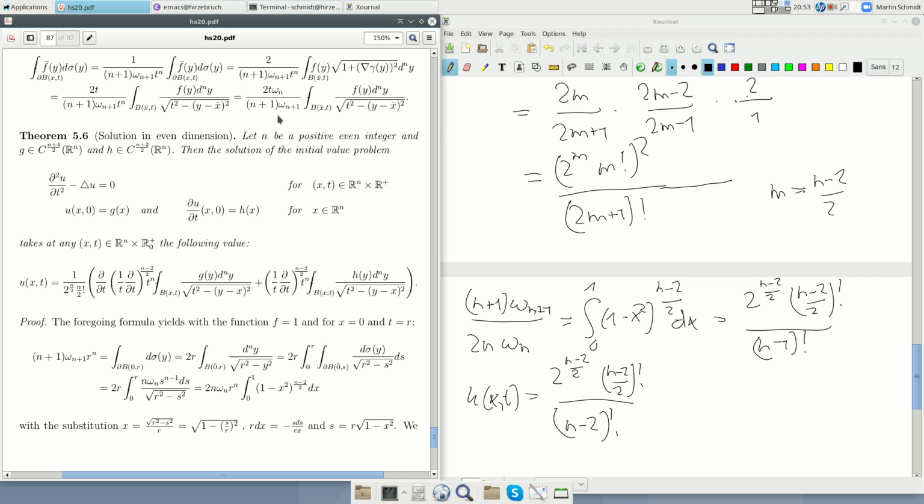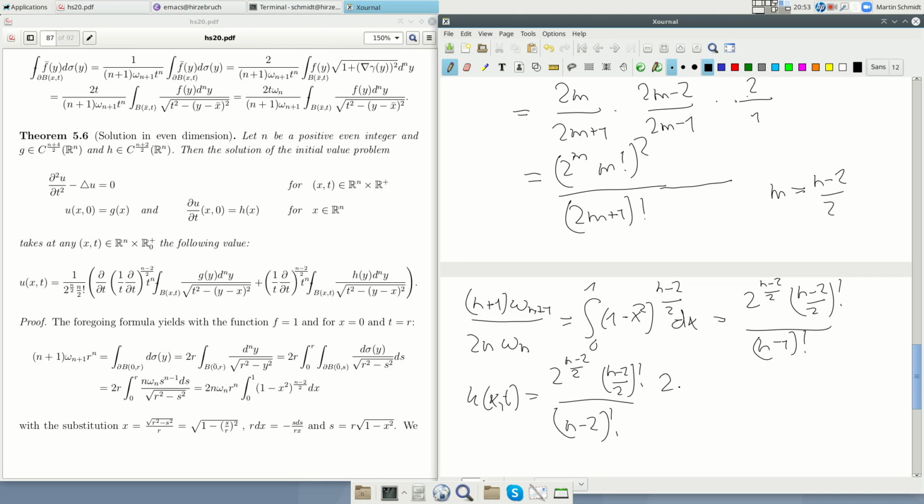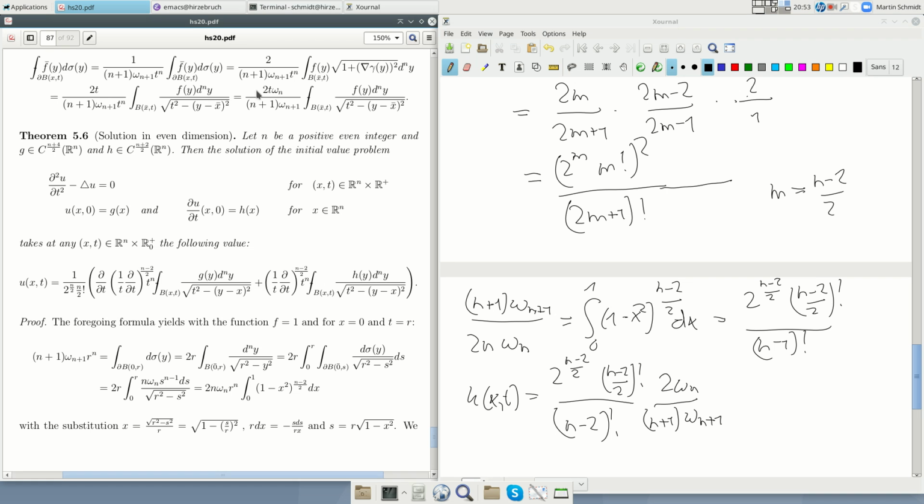So we have in addition this factor, 2 omega n divided by n plus 1 omega n plus 1. And then we have an extra t. This we should keep in mind.